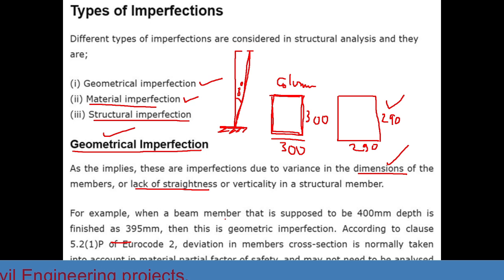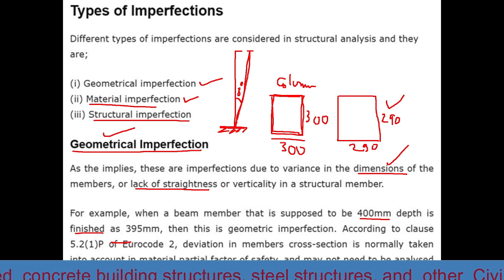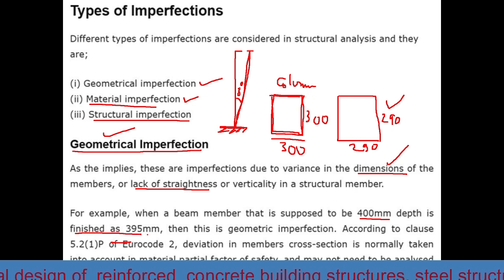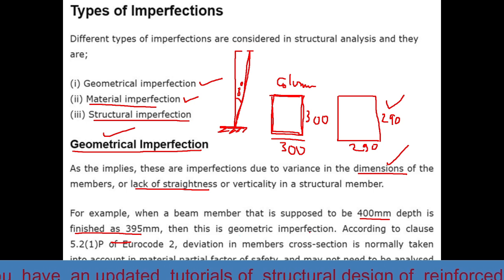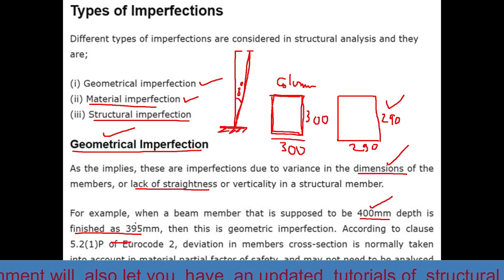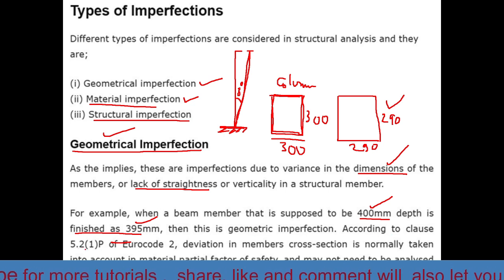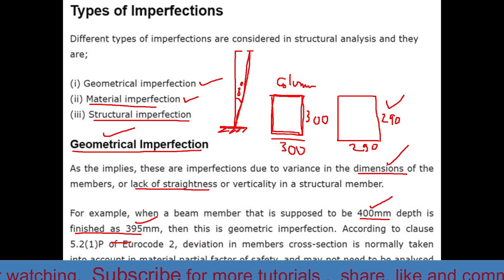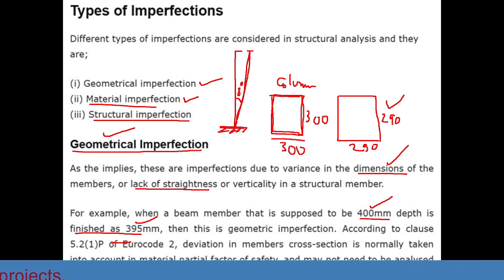So, for example, when a beam member that is supposed to be 400 millimeter depth is finished as 395 millimeter, then this is a geometric imperfection because the cross section is reduced. According to clause 5.21p of Eurocode, deviation in a member's cross section is normally taken into account in the material partial factor of safety.